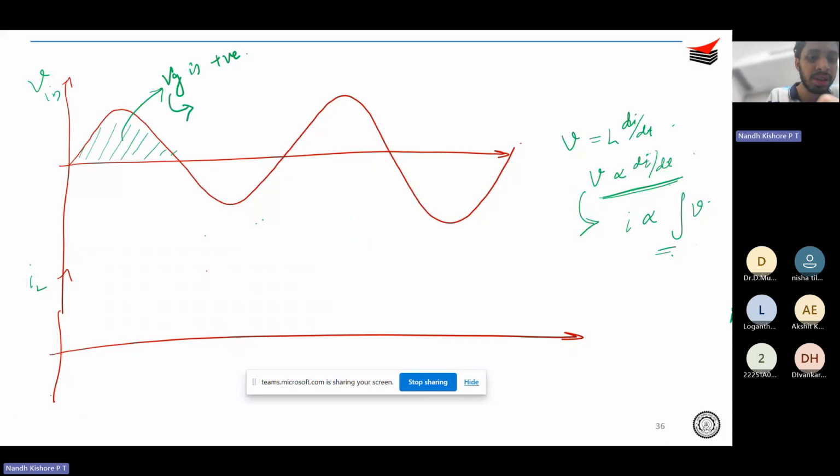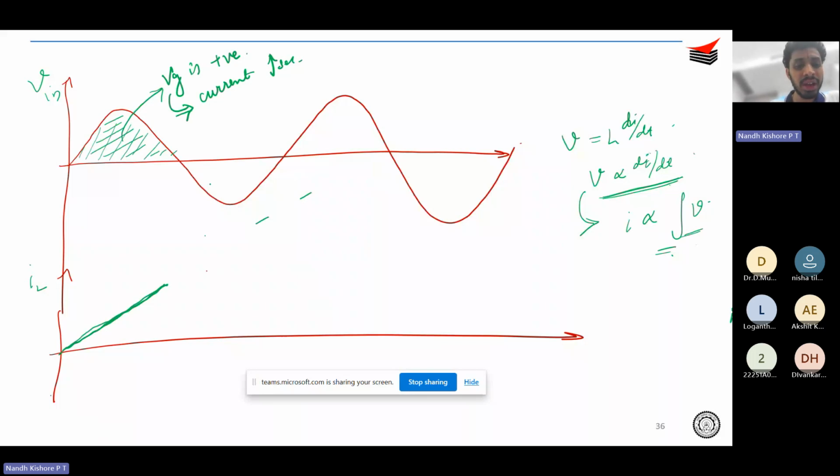Therefore, current increases. It's going to be something like this during the entire positive half cycle. It's applicable only for a pure inductive load, of course. Since your voltage is positive, your integral is positive, so current is directly proportional and is going to increase during this interval.